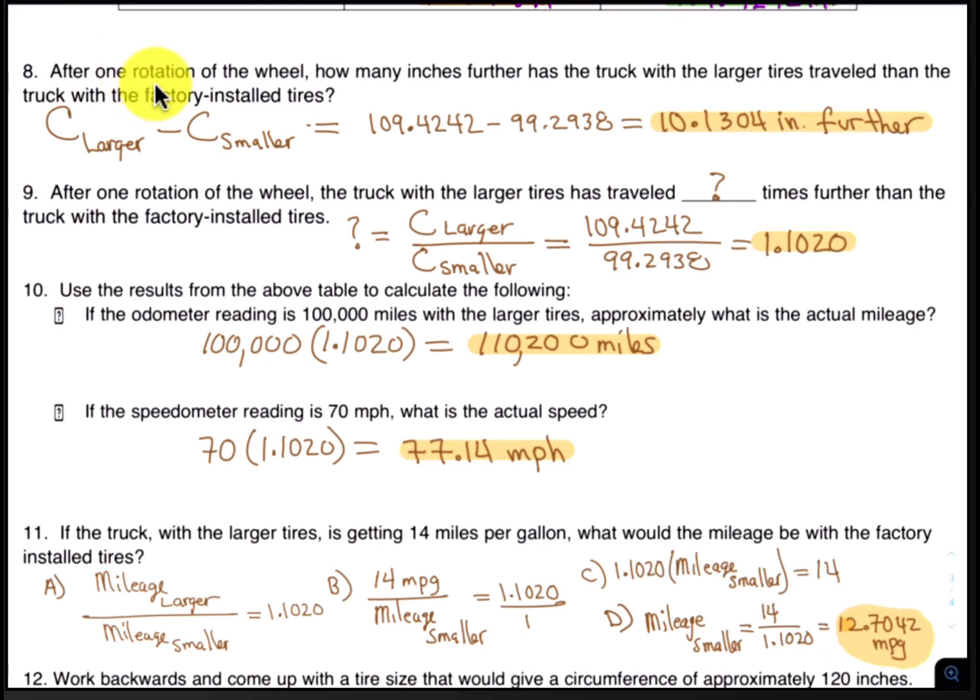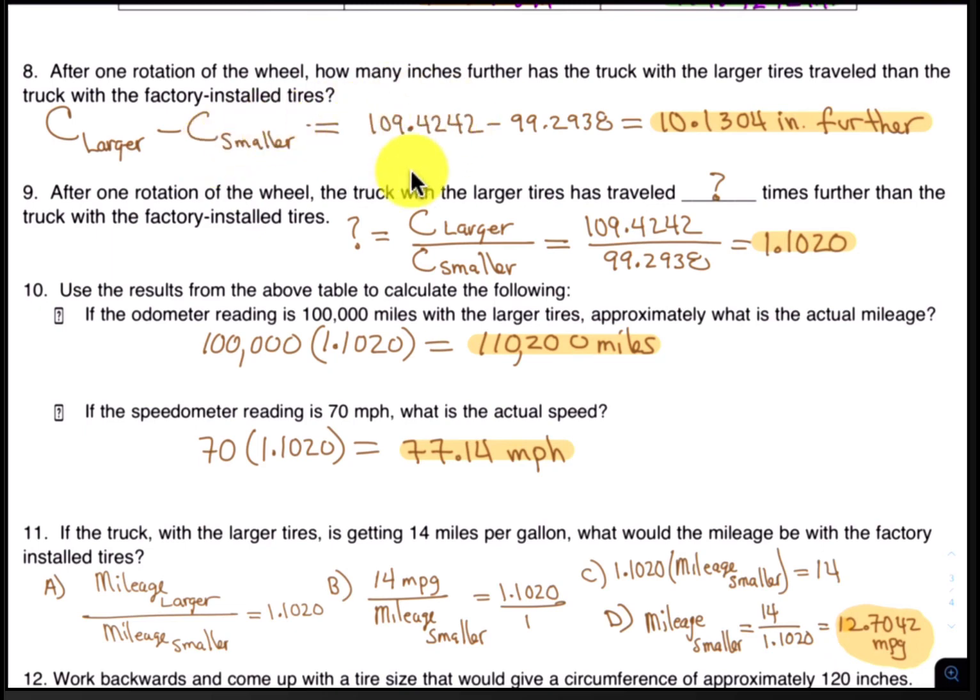Number 8 says, after one rotation of the wheel, how many inches further has the truck with the larger tires traveled than the truck with the factory installed tires? Well, the answer is the difference between the circumference of the larger and the circumference of the smaller. So you simply subtract those two circumferences.